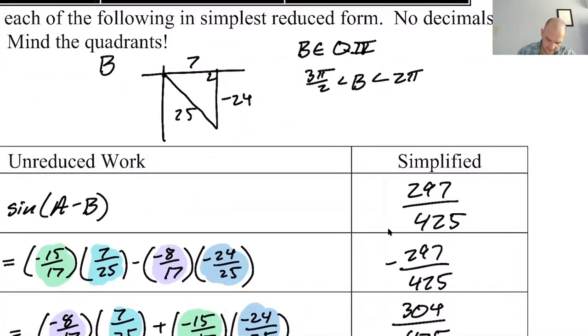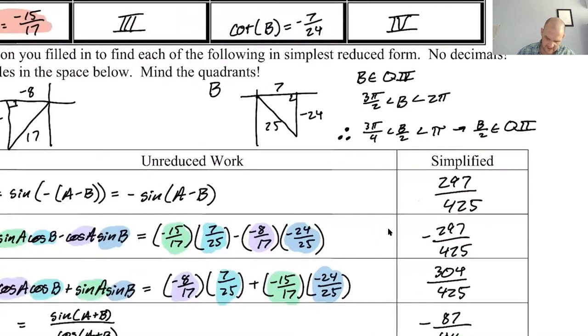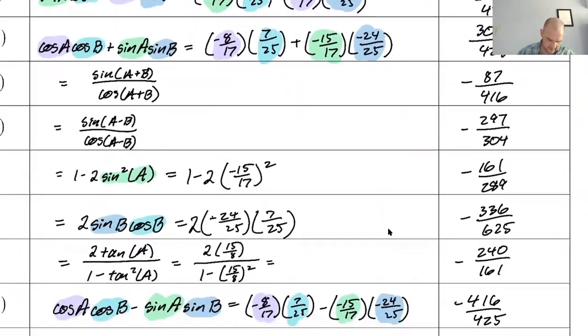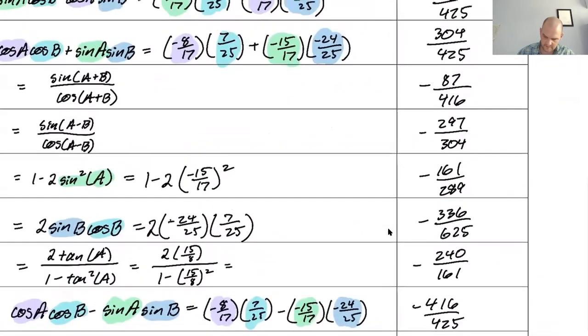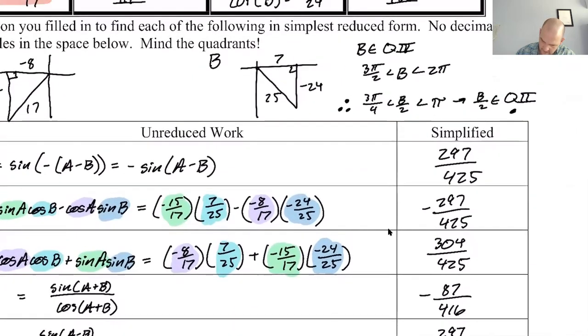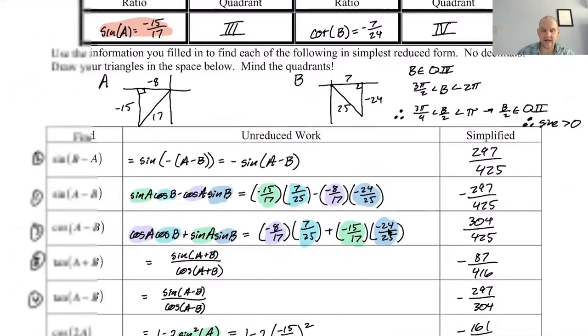So b over 2 is between 3 pi over 4 and pi, which means b over 2 is an element of quadrant 2. And since we're going to find the sine of b over 2, sine is positive, so we take the positive square root.